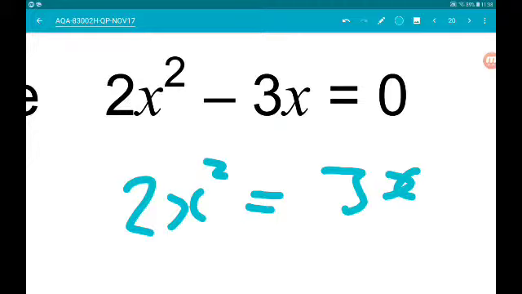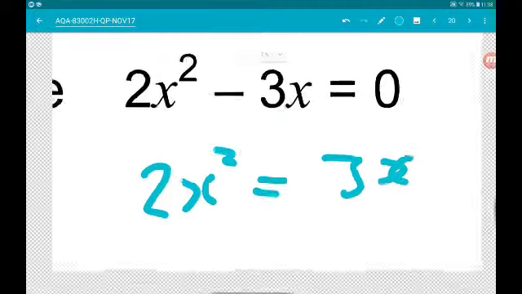Remember, when we solve simultaneous equations, we are finding points where lines and curves, or lines and lines, intersect. So, if we draw the line of y equals 3x, we will see the 2 points where it hits the curve.